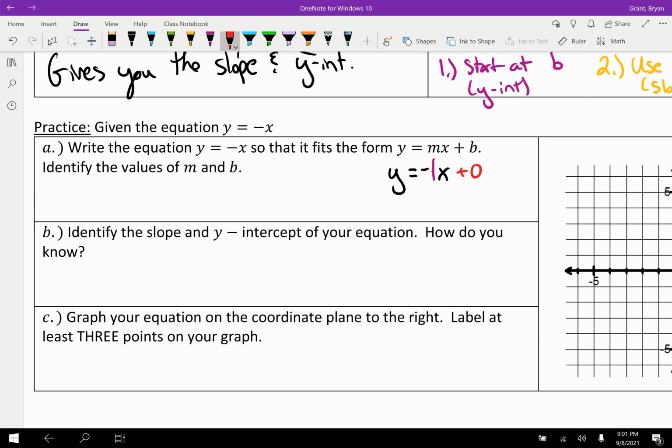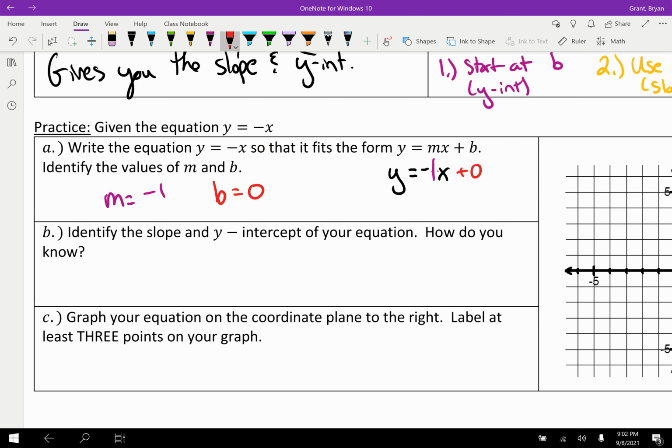Well, 10 times 1 keeps it the same 10, so you can multiply by 1 and not change it. 10 plus 1 makes it 11, and that does change your money. And we're not trying to change the equation. We're just trying to put numbers in that don't change it but give us a different perspective. So you're always allowed to multiply by 1, add 0. This tells us then that m is negative 1 and b is 0.